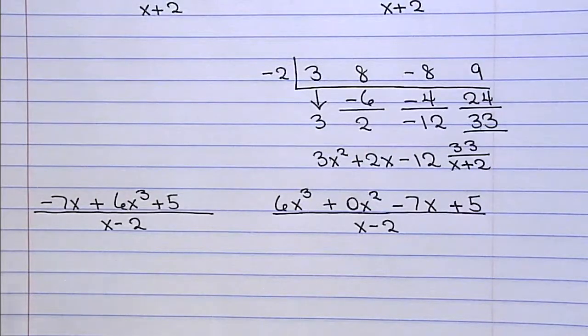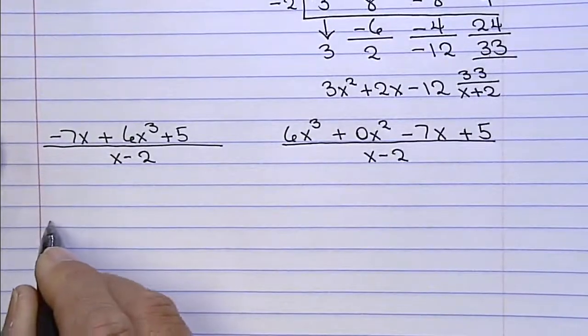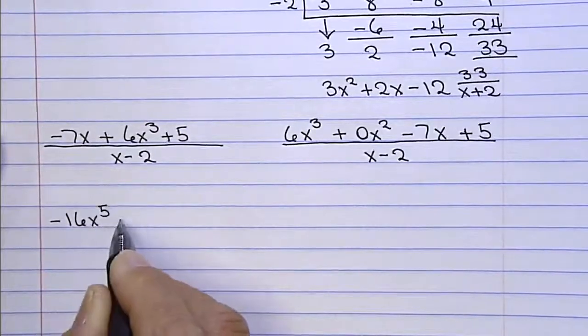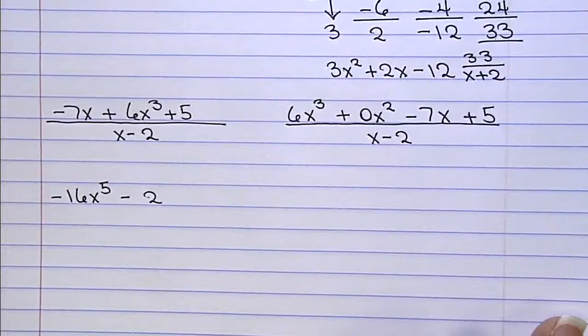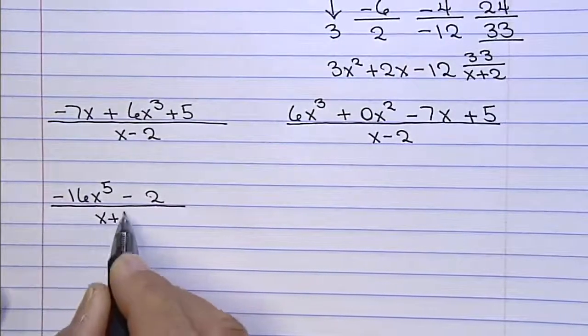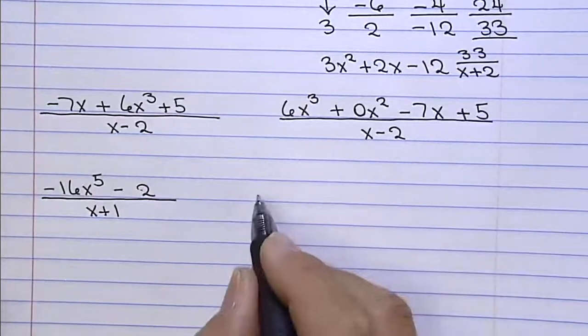I mean, sometimes, look at this one, guys. Sometimes you'll have something like this. Negative 16x to the power of 5 minus 2. Fix that one. Oh, divided by. Fix this one so that you could do division, okay? What's the first term?